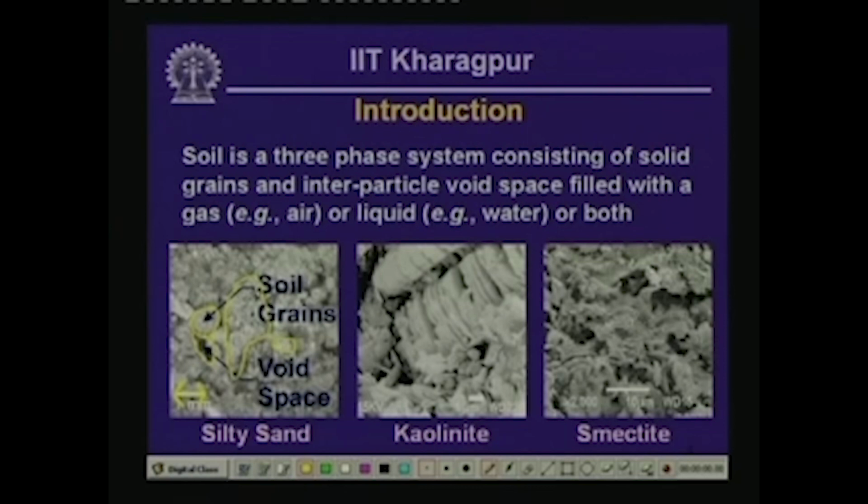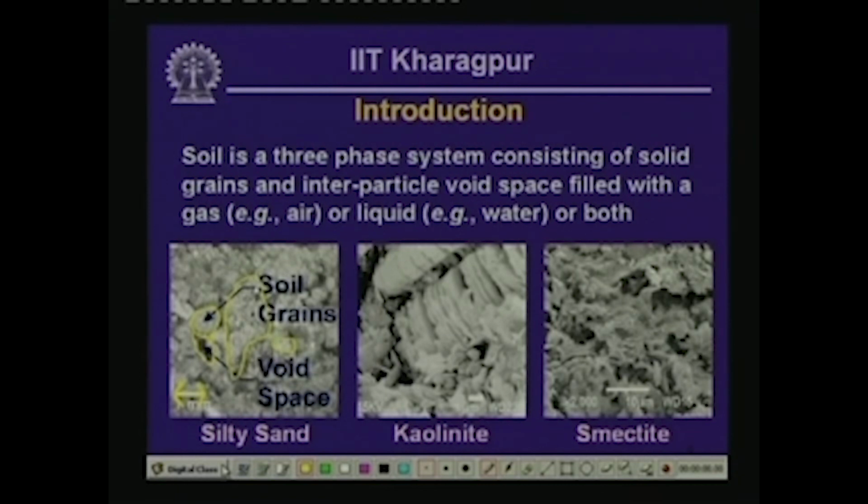You cannot easily distinguish individual grains within the matrix of finer grains. So these grains are silt grains, and the coarser grains in this case are sand grains. So this is a photograph of a silty sand soil.